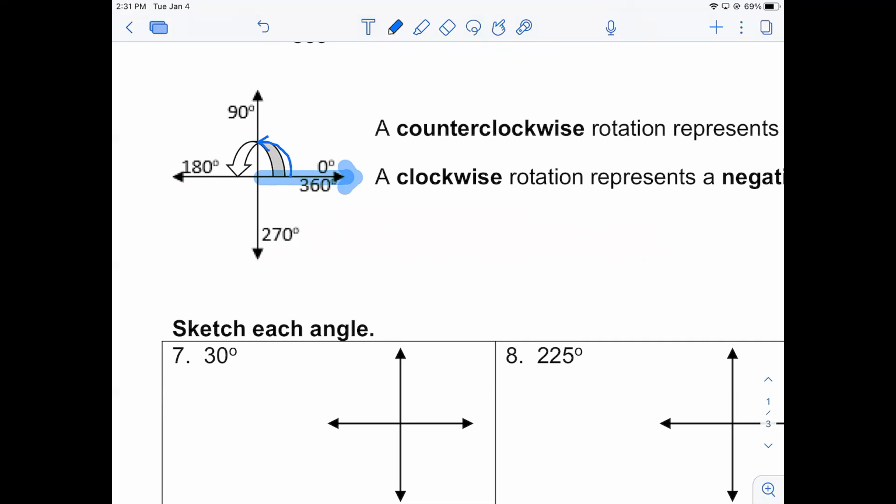That's going to take me to 90. Okay, so each quarter of this little picture right here, this graph, is going to be 90 degrees. So I go from 0 to 90 to 180 to 270 and then 360, all in this counterclockwise direction. Okay, so anytime we're going in that direction, that's going to be my positive angles.